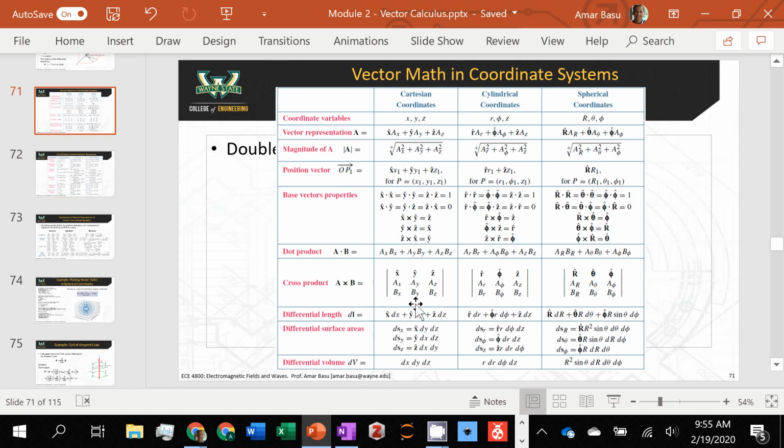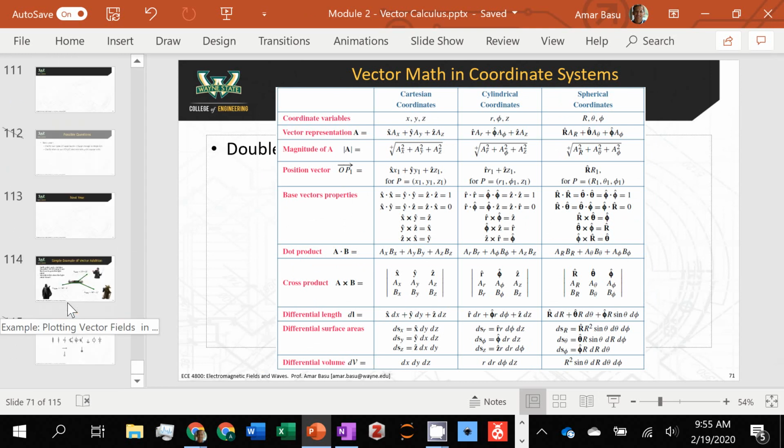Just remember this, and it's different in the cylindrical and spherical coordinate systems. So x hat dx, y hat dy plus z hat dz. Let's go back to our example here and use that.